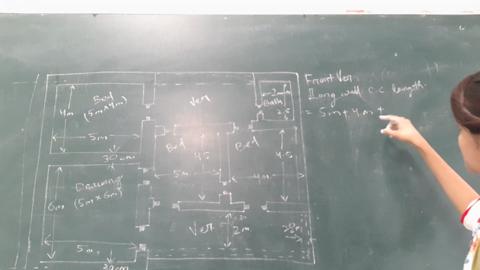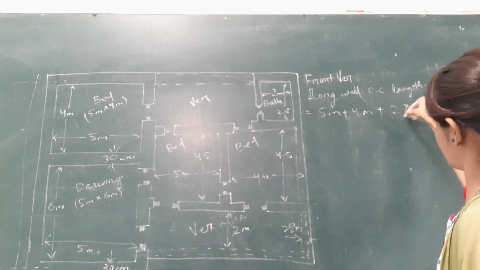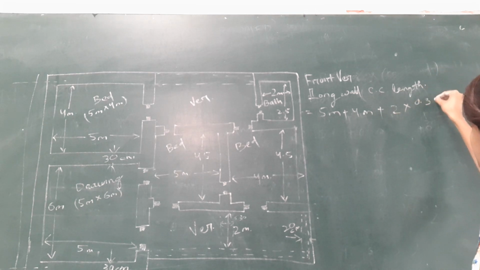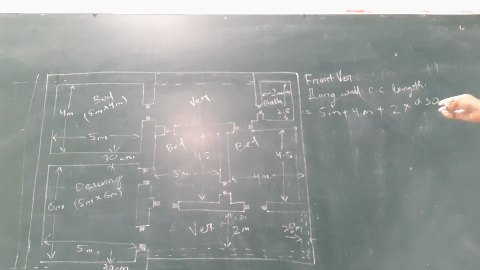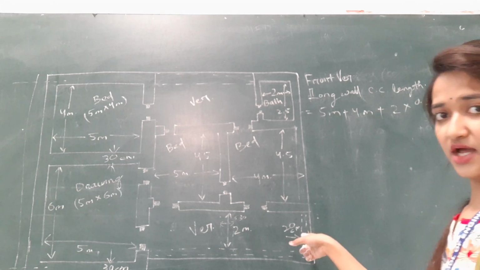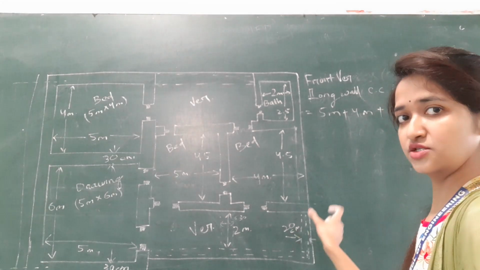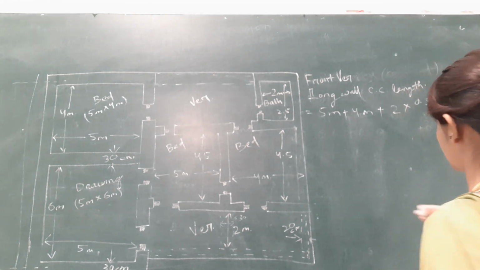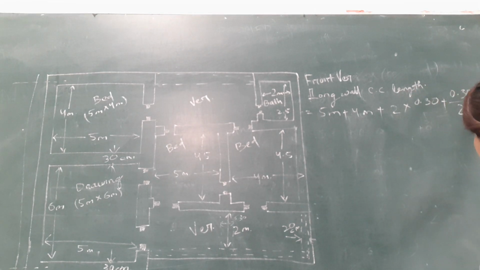So we can write plus 2 into 0.30. See, there is 2 into 0.30 plus 0.30 by 2 for this wall, and for the other wall its thickness is 0.20. So we can write minus 0.20 by 2.